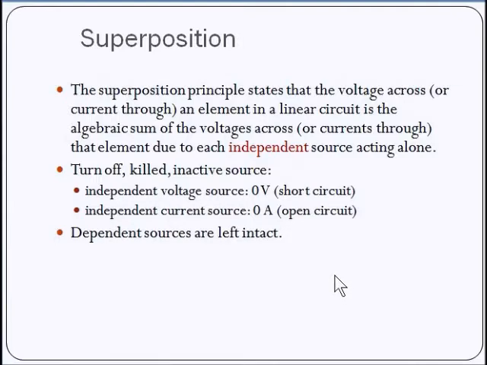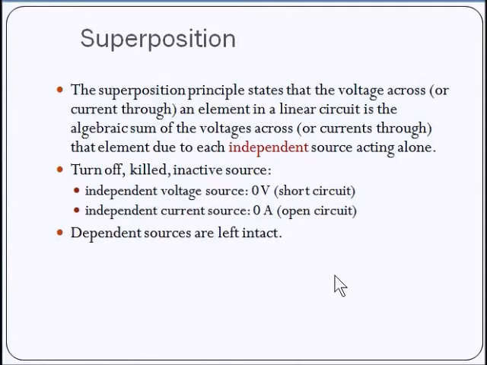In layman's words, sometimes in a linear circuit there is more than one independent source. For example, there are two or more voltage sources, or maybe a voltage source and a current source.